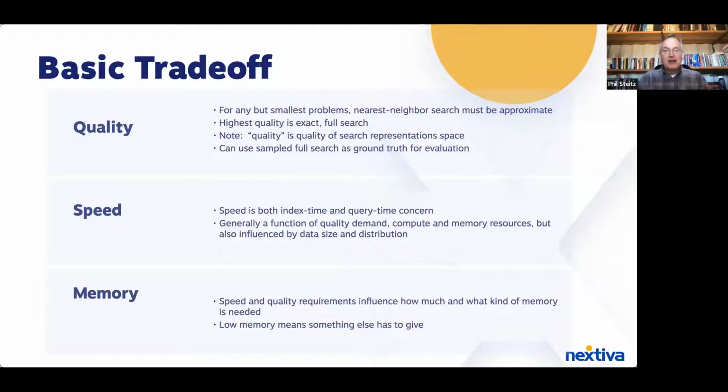So what you run into when you actually implement these things is that you have to look at these dimensions. You have to decide what's important to you and what resources you have. The only other thing I'll call out here is that speed splits into two: an index time concern, when the documents are coming in and you're indexing them, and a query time concern, when you're actually executing a query.